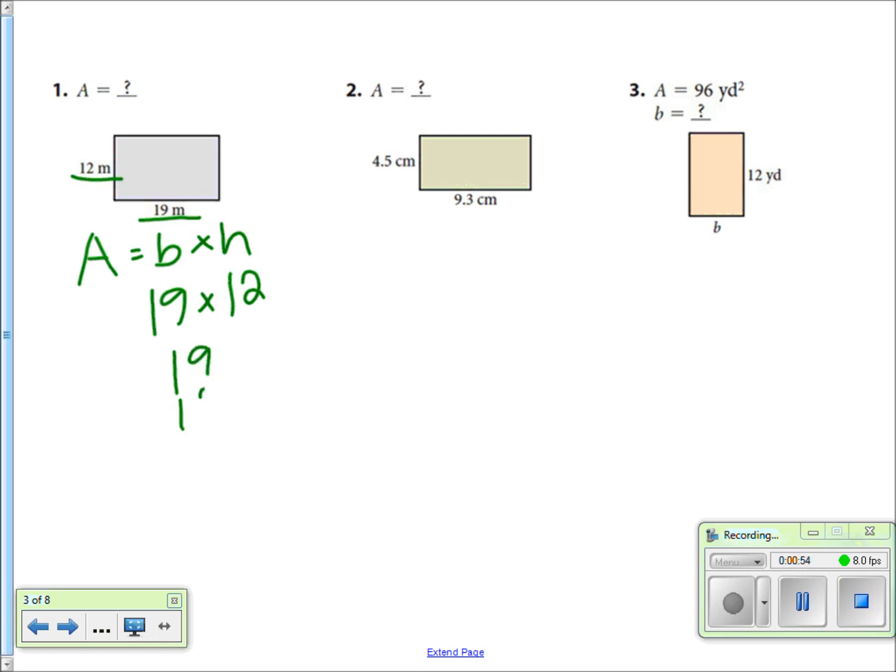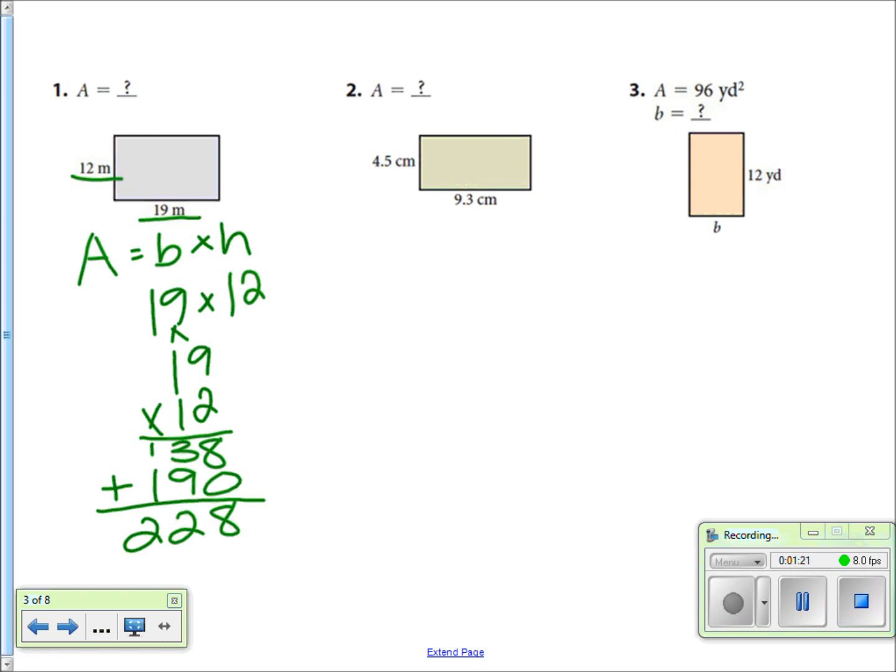Stacking them up, 19 times 12. 9 times 2 is 18, 2 times 1 is 2, plus 1 is 3. 1 times 9 is 9, and 1 times 1 is 1. 8 plus 0 is 8, 9 plus 3 is 12, and 1 plus 1 is 2.